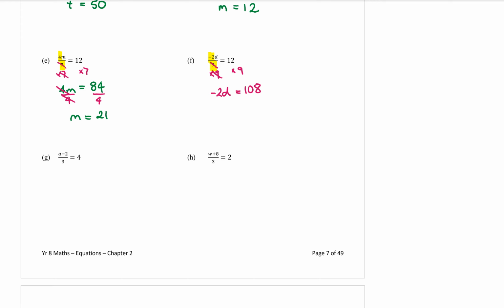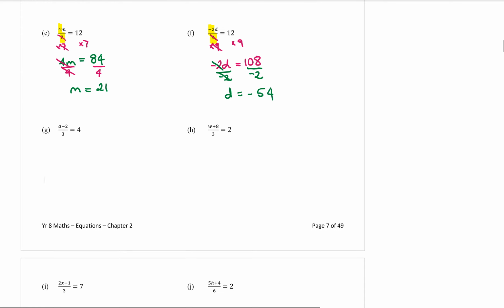Then I want to divide by minus 2. Even though it's a negative 2, it's times with that d. So because it's a multiply, I have to divide by negative 2, and on the other side as well. So 108 divided by negative 2 is negative 54. So d equals negative 54.